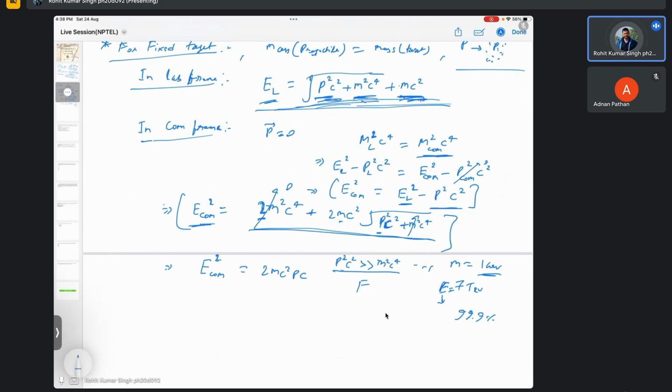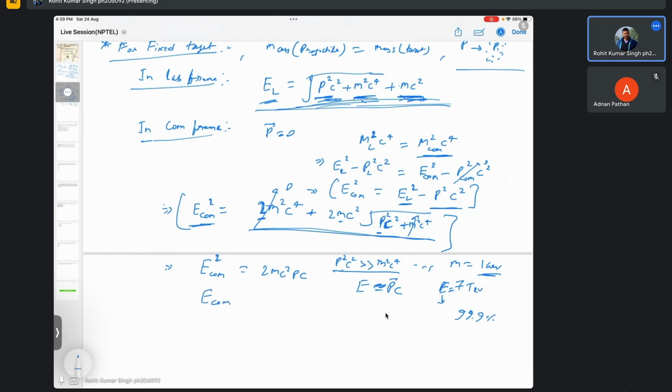So in this case, energy is just Pc, almost, because the rest mass will not contribute much. Whatever the energy is coming, it's coming from the momentum.